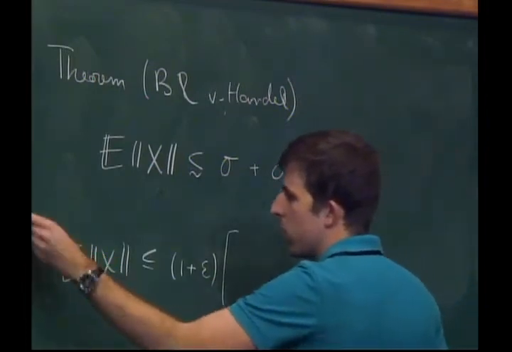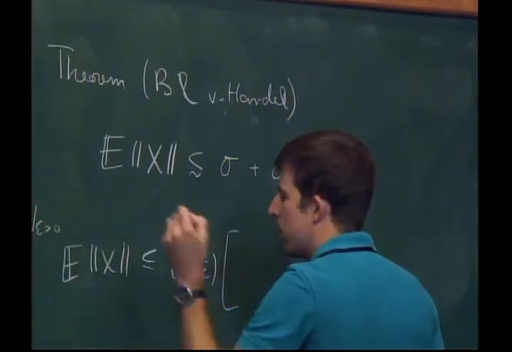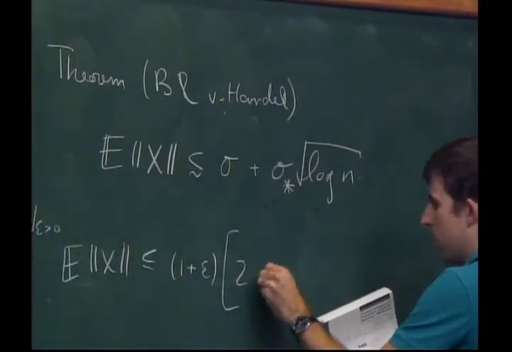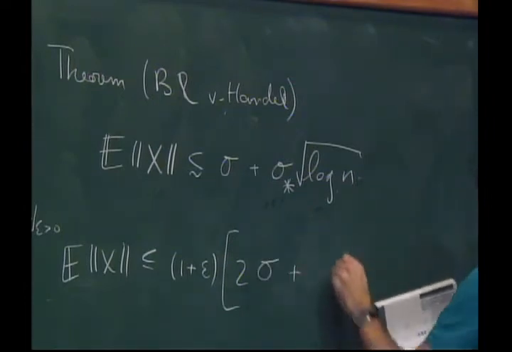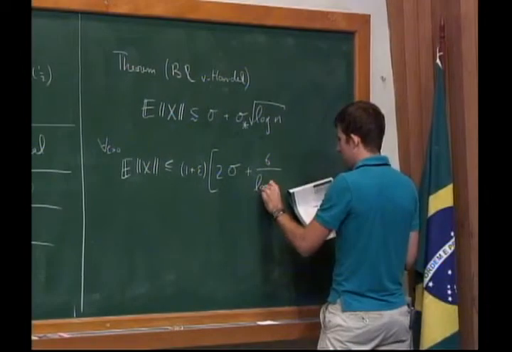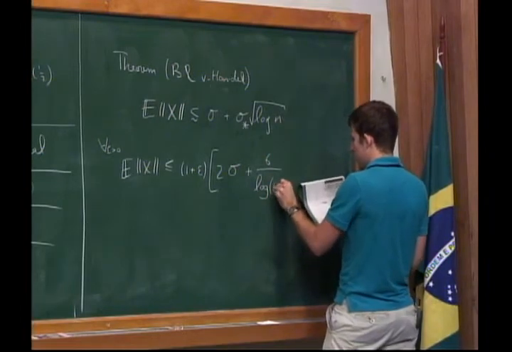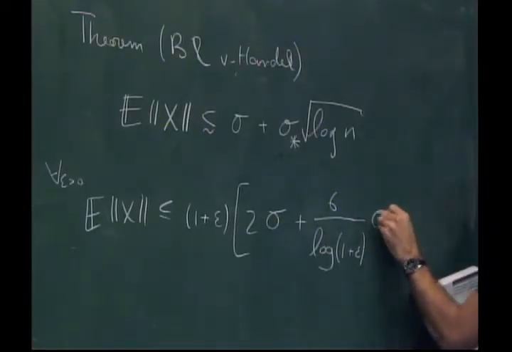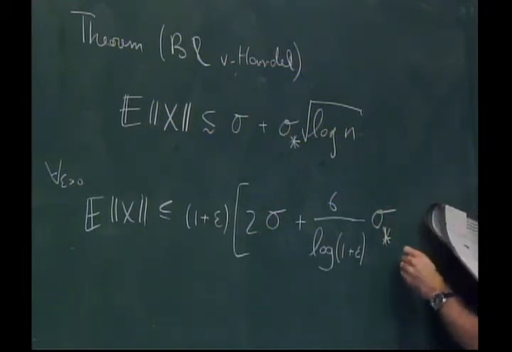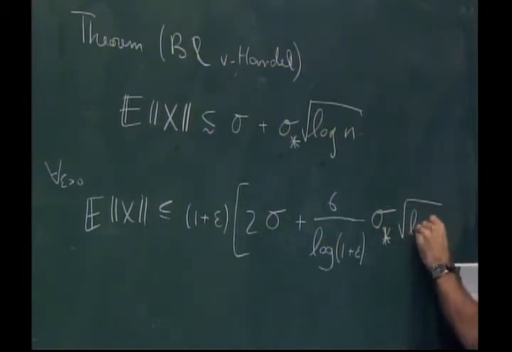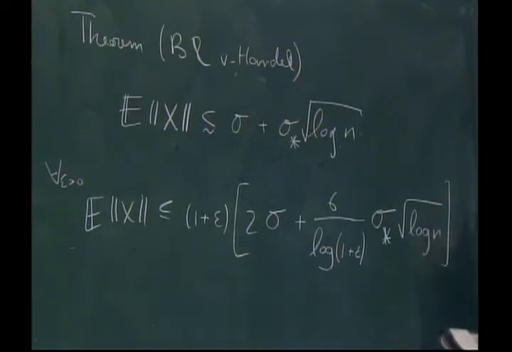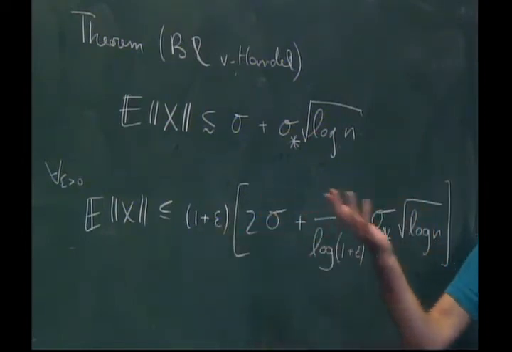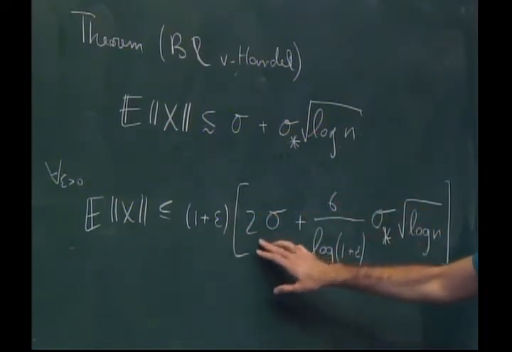So for any epsilon bigger than 0, this means in particular that if you do Wigner, for example, where this is 1, you can pick epsilon going to 0, and you can recover exactly the 2 square root n.